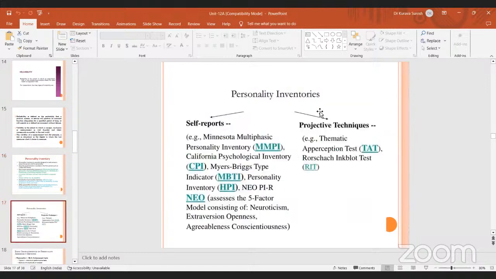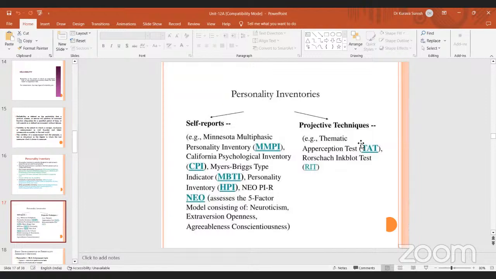Okay. Personality inventories, self-reported and projective techniques. The Minnesota MMPI personality inventory, California test of inventory, Myers-Briggs type indicator, NEO personality inventory, five factor theory, a model consisting of neuroticism, extraversion, openness, agreeableness, conscientiousness.